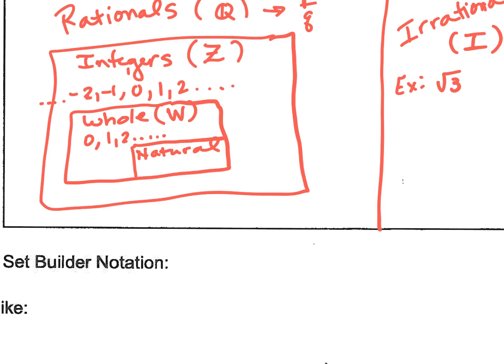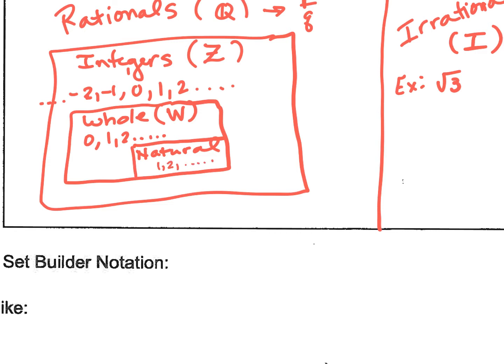Okay. 0 can't really be represented that way, can it? Do you count something if you have none of them? No. So natural is the natural. It's natural to count things that you have. 0 was like the first major math discovery, if you think about it. Aside from adding and subtracting, the idea of having nothing and recording it as a number was a major step in mathematical development. So naturals are just 1, 2, and so on.